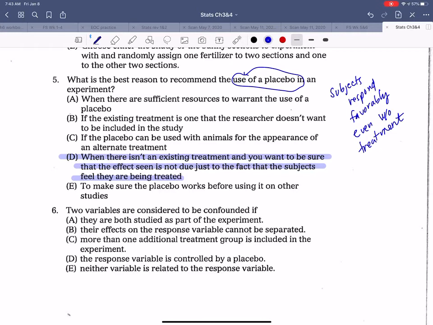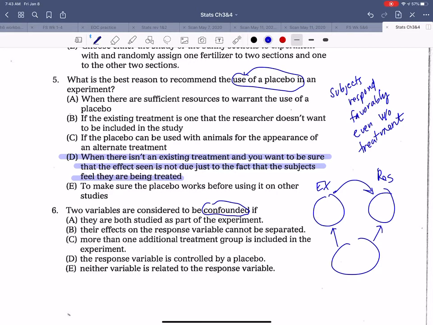Question number 6, 2 variables are considered to be confounding. Okay, so when I have confounding variables, our notes say that that's when I have an explanatory and a response, and this confounding variable is affecting both the explanatory and the response.